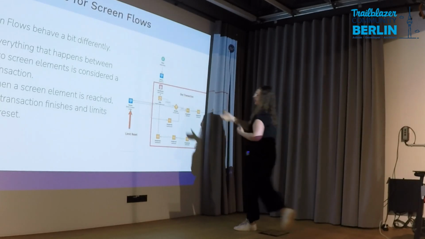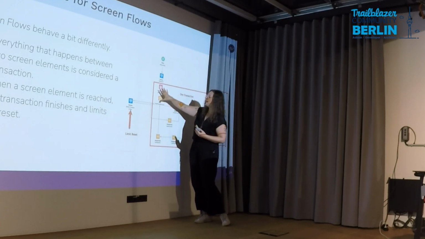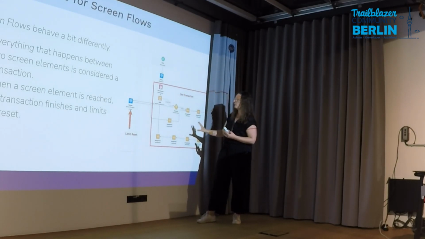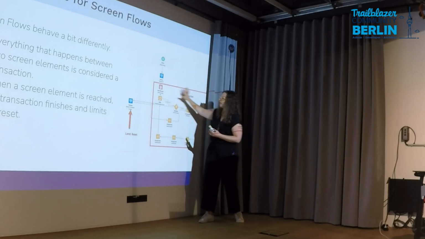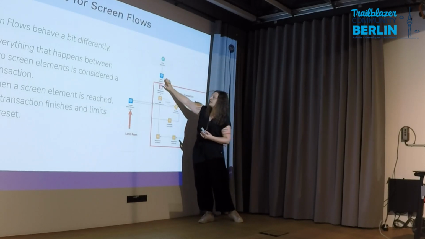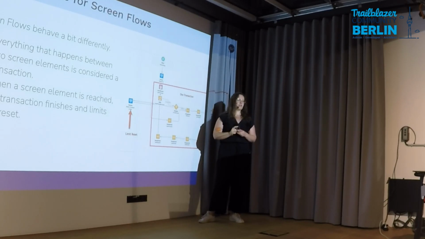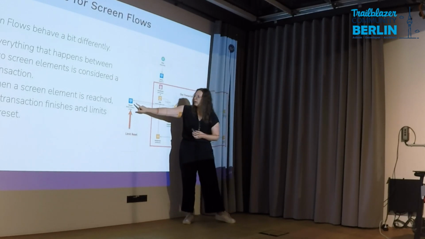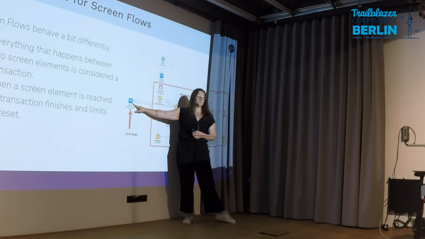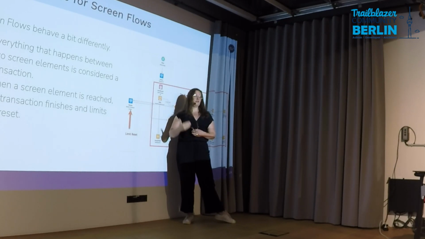It usually starts off with some logic or maybe a screen, and then afterwards you've got some logic that executes. All of the logic that executes between two screens is being bound by one transaction and by all of the limits that go within that transaction. When it hits a new screen, the transaction finishes, so everything is committed, transaction finishes, and the limits are reset.